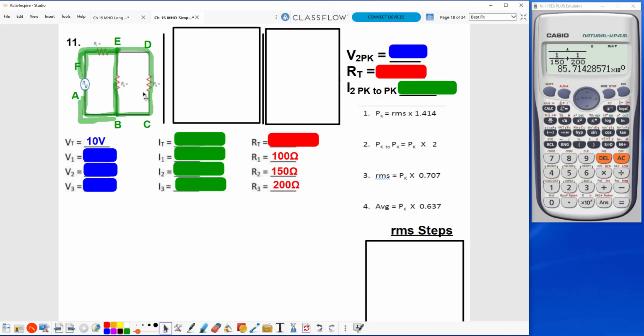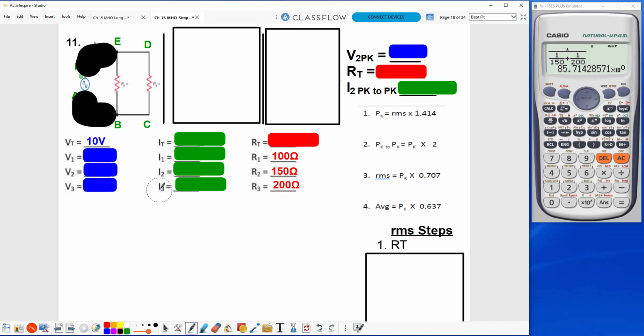Since this is a basic combination circuit and not a random unknown, our first step is going to be to find RT. Looking at the circuit, I see that resistors 2 and 3 are in parallel with each other. If we put a giant wire here that covered up resistor 1, and a giant wire here that covered up the other part of our main branch, we can look at the circuit and see that it is a parallel circuit.